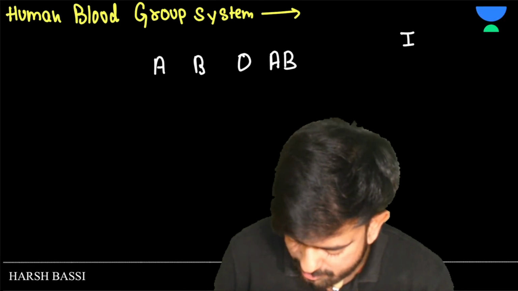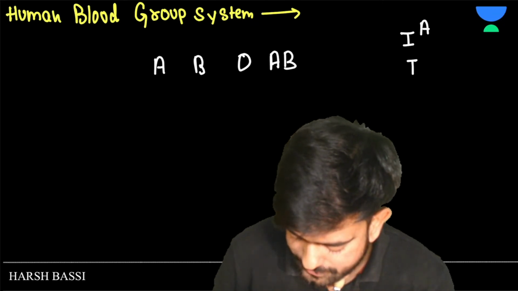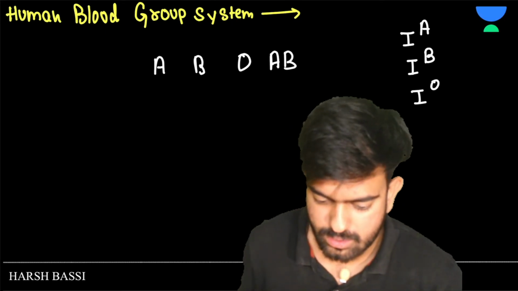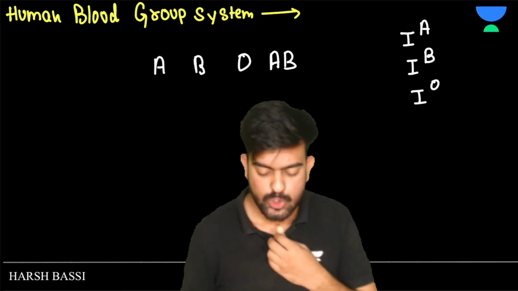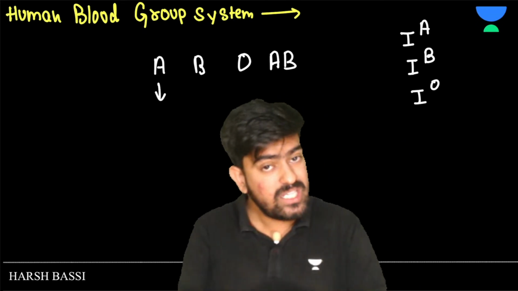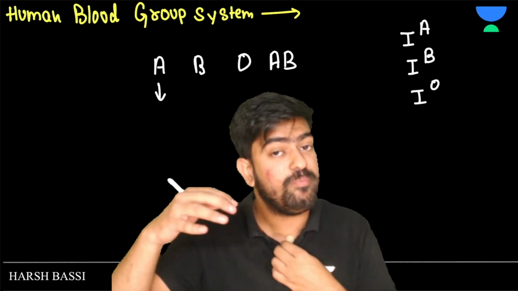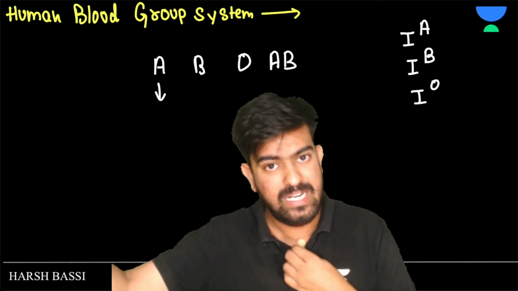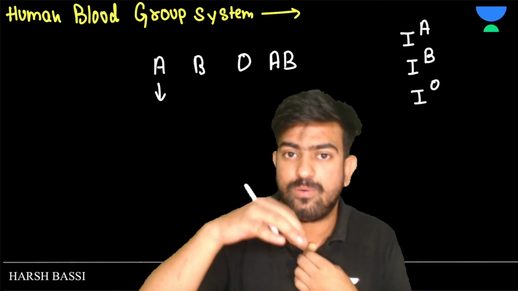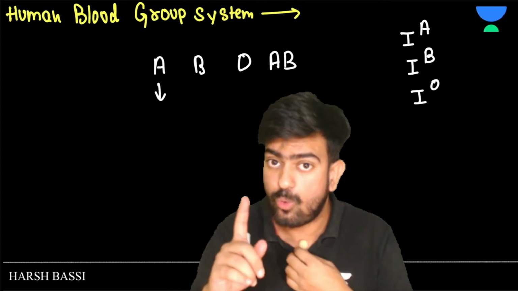IA, IB and IO, right? We are going to read this in much detail in the multiple alleles example, but I will tell you a very short thing about why we are keeping this in codominance also.